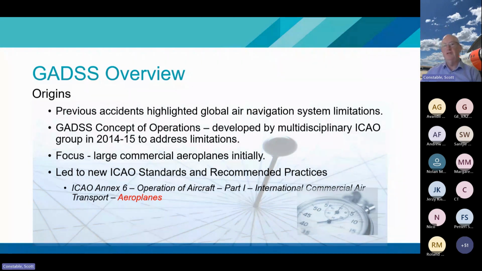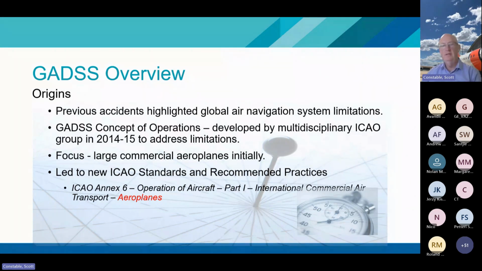The focus is on large commercial aeroplanes initially, and it's led to new ICAO standards and recommended practices. And for those that are familiar with the ICAO convention, there are 19 annexes, Annex 12 being for search and rescue. There's another annex, Annex 6, which covers in 3 parts the operation of aircraft.